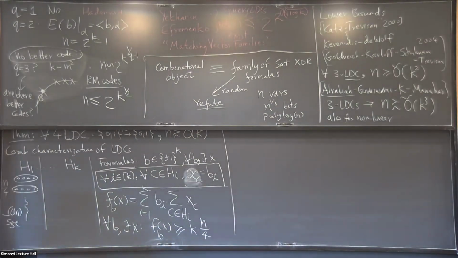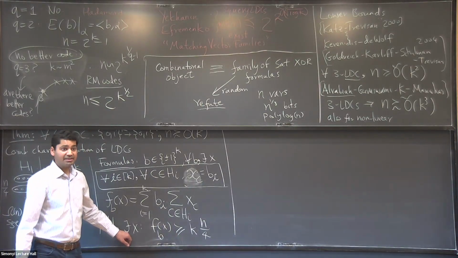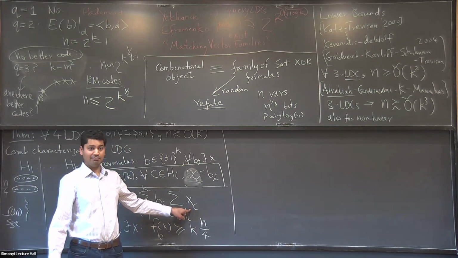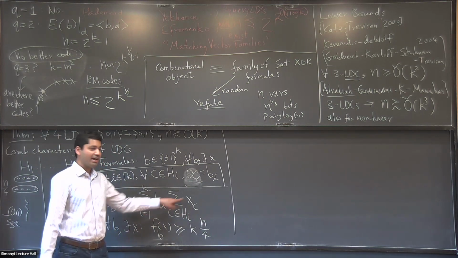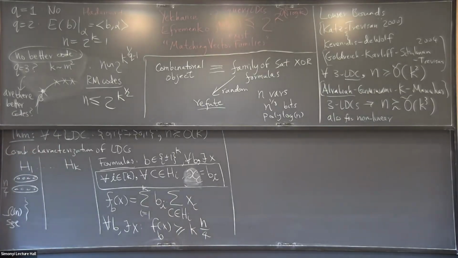All I'm saying is that for every b, there is a codeword corresponding to it that passes all the local decoding checks. Passes all the local decoding checks means that x sub c will evaluate to b sub i. So I get the square of b sub i. So I'm simply counting the total number of hyperedges in the union of the H_i's. Each H_i has n over 4 hyperedges. So it's k times n over 4. Make sense?